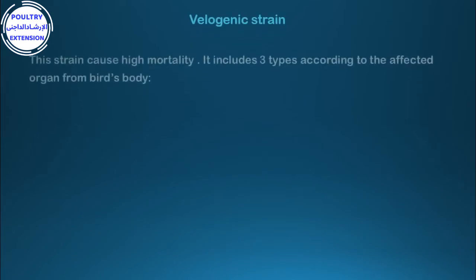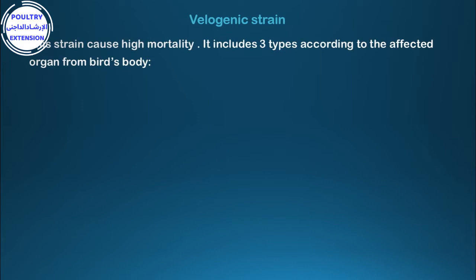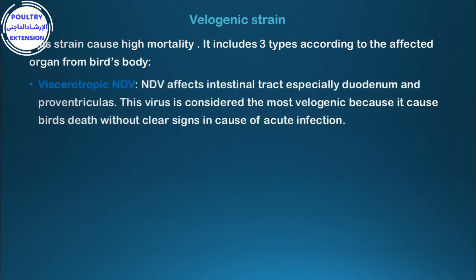Velogenic strains. This strain causes high mortality. It includes three types according to the affected organ of the bird's body. Viscerotropic NDV affects the intestinal tract, especially the duodenum and proventriculus. This virus is considered the most velogenic because it causes birds' death without clear signs in case of acute infection.